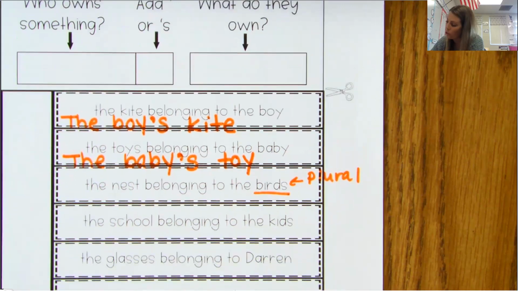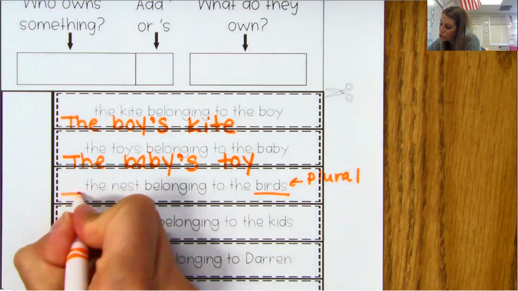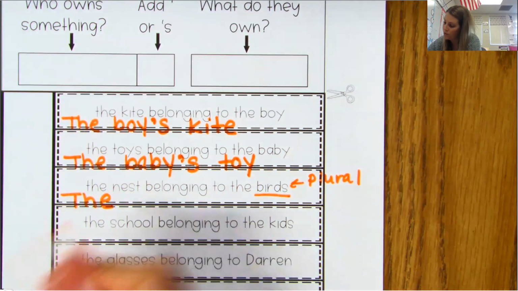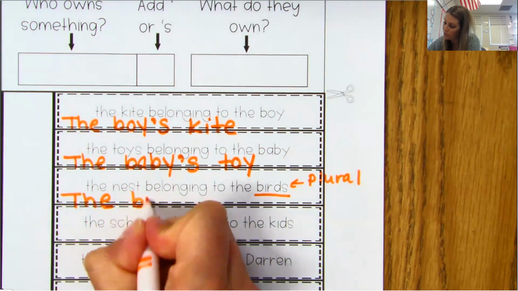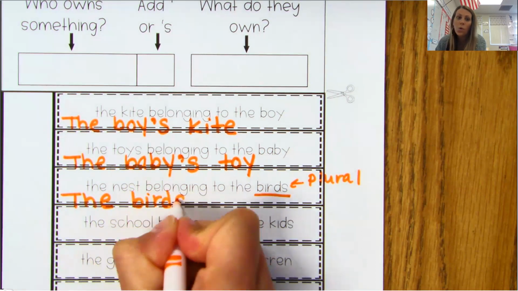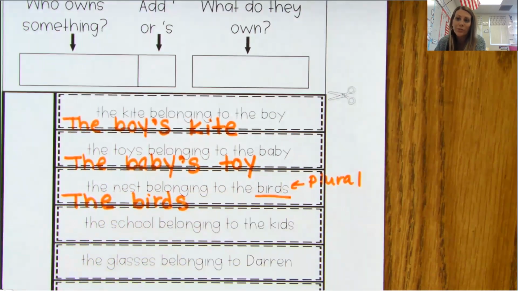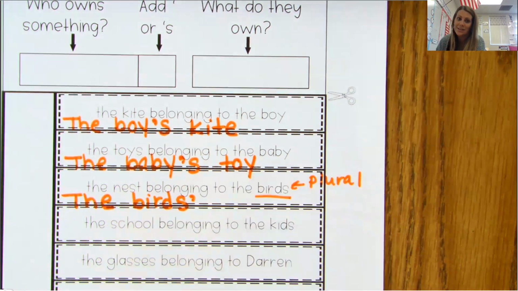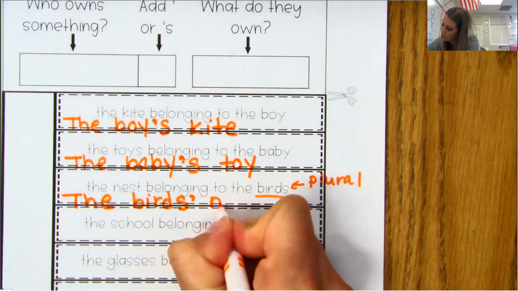So what are we going to do to show the plural and the possessive? So who owns something? The birds own it. Where are we going to put the apostrophe? Do you remember? You just put the apostrophe at the end. And then what did the birds own? The nest.